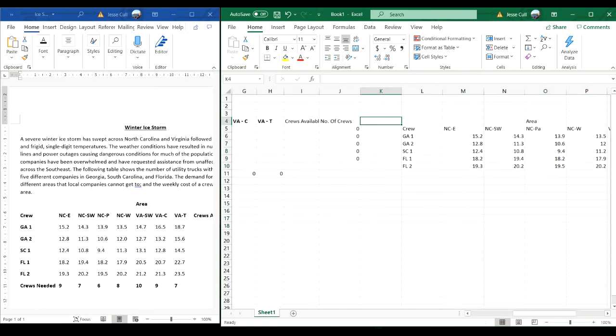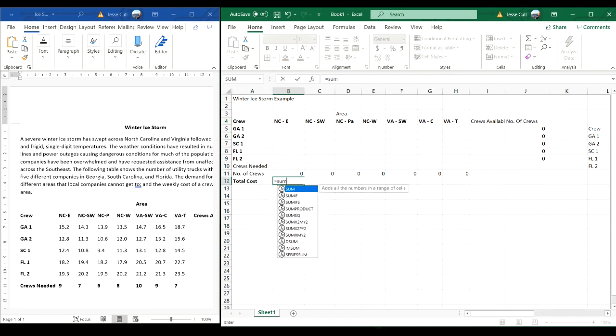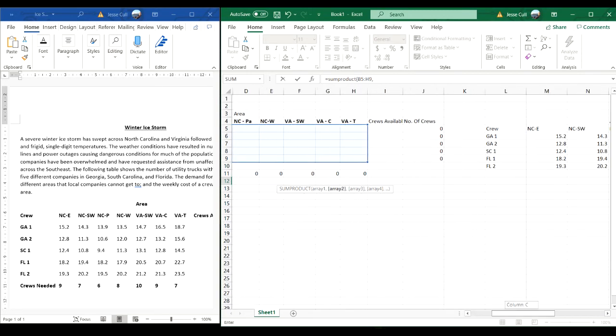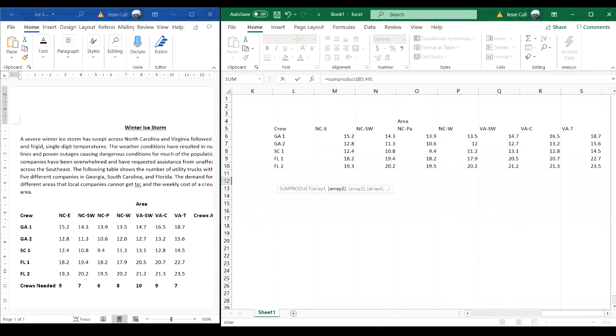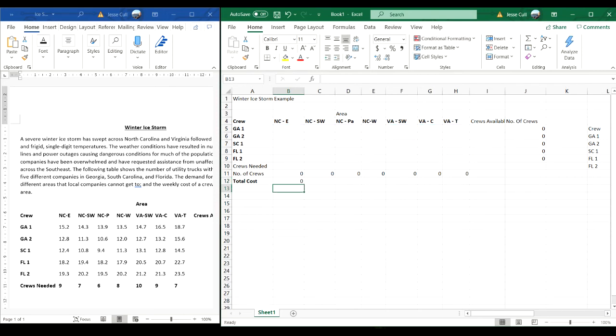So let's do that one more time. I'll change my sum value. We have all of our information here. We're multiplying by these areas. Close our bracket. And we have a total cost of 0.